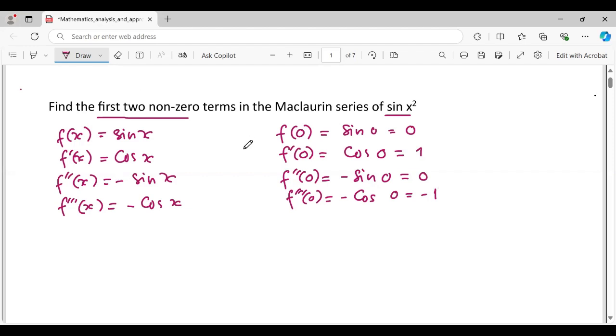And the next step, we're going to apply these results into the Maclaurin series, like this.